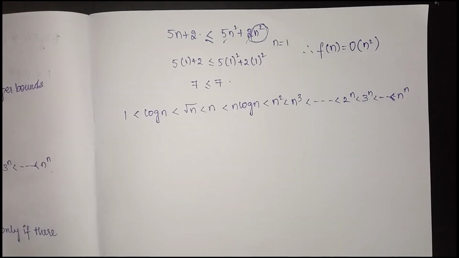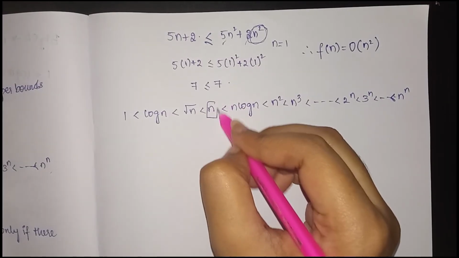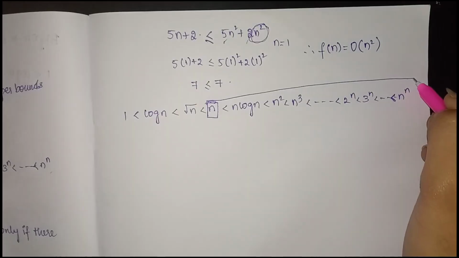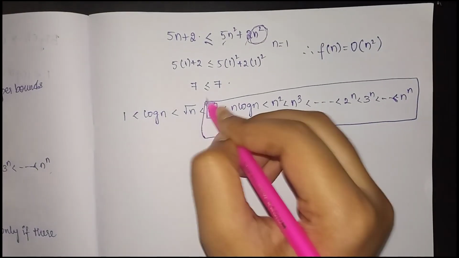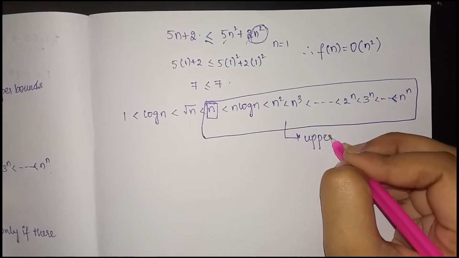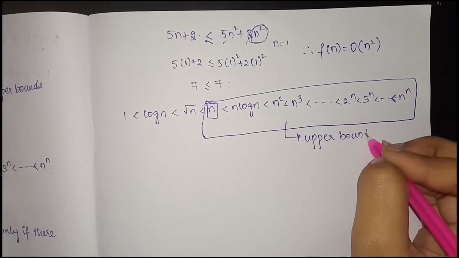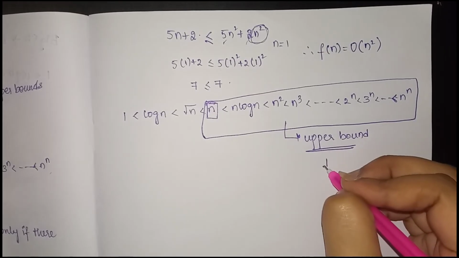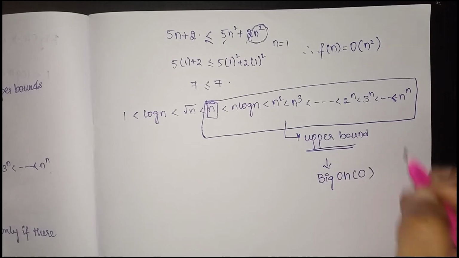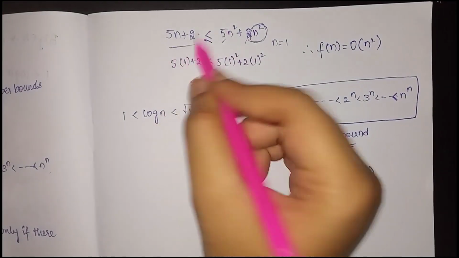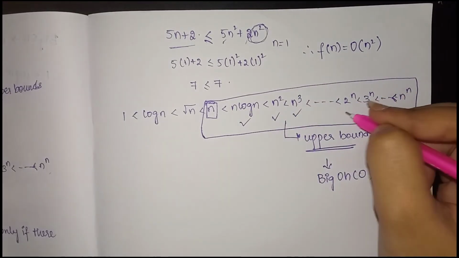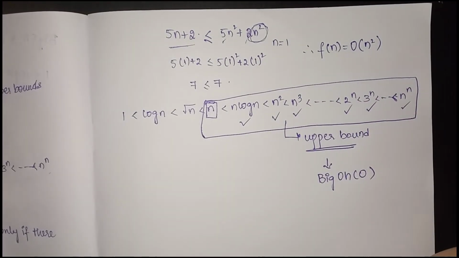Now this is your n value. From here till n power n, this will be called the upper bound, which means your given function will satisfy big O notation for these values. For this particular expression I can tell that it satisfies n log n, n square, n cube, 2 power n, 3 power n and so on up to n power n.